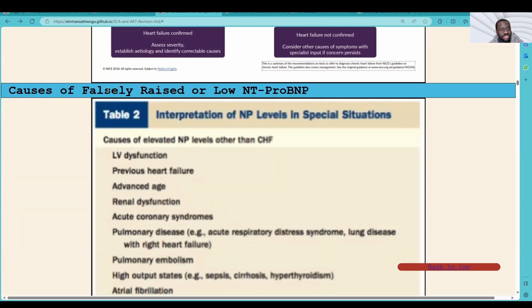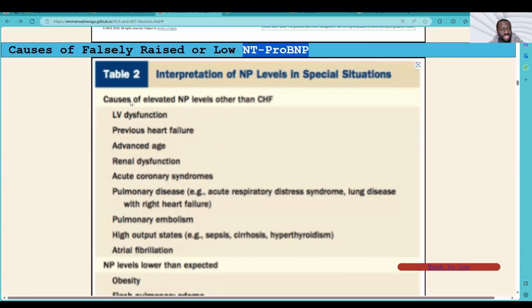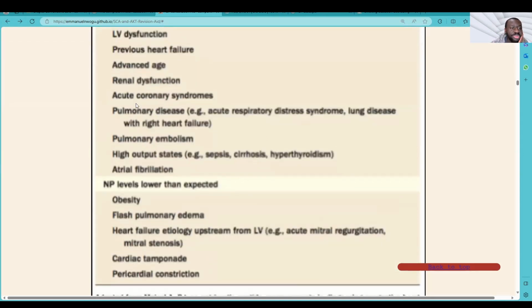There are a couple of things that can cause a falsely raised or falsely low NT-proBNP. Factors that can cause elevation of the BNP level include left ventricular dysfunction, previous heart failure, advancing age, renal dysfunction, acute coronary syndrome, pulmonary disease like COPD, pulmonary embolism, high output state, sepsis, cirrhosis, hyperthyroidism, atrial fibrillation.